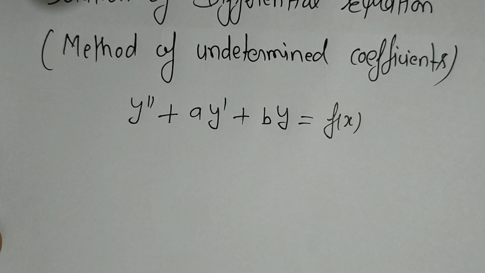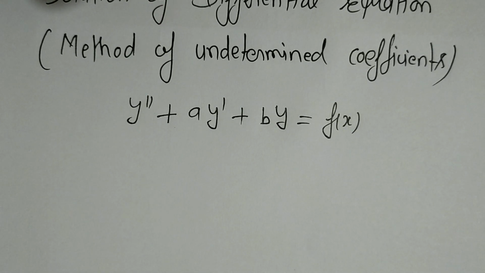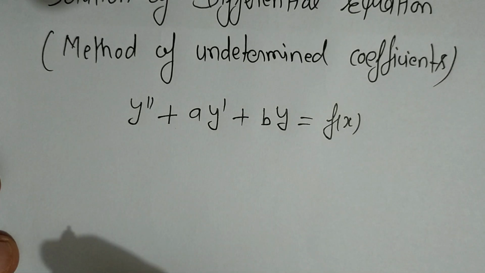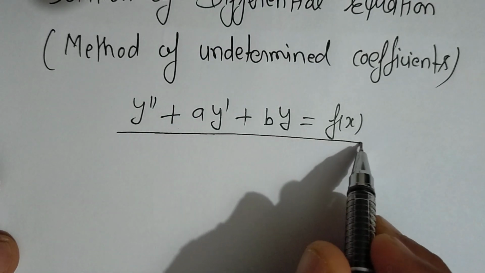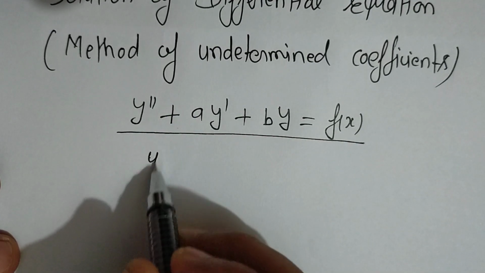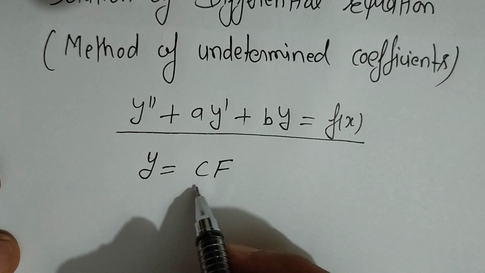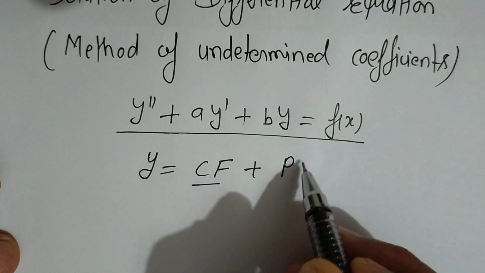So this is the differential equation with constant coefficient. In the previous video, I have explained the solution of this differential equation will be in two parts. One part will be complementary function. So we say in the short form CF plus particular integral.